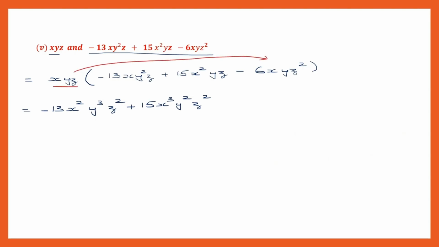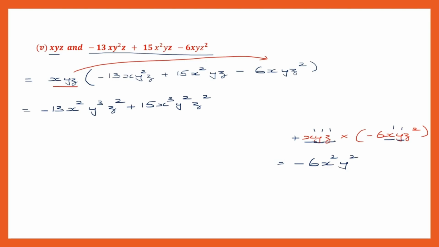Now we multiply this with the third term. So what is the third term there? Minus 6xyz square. So xyz into minus 6xyz square. So first the sign. Here it is plus and there it is minus. Plus into minus is minus. The number is 6. Now x here 1 and x1. So that is x to the power of 2. We have y1, y1. So y to the power of 2.